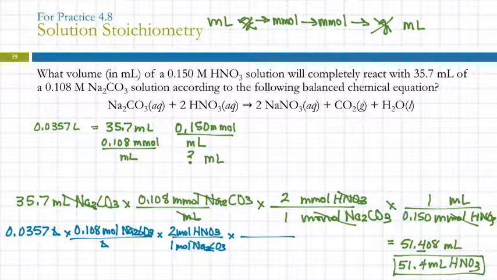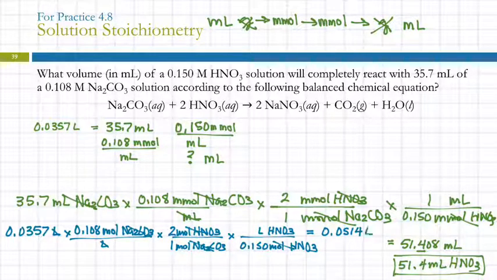And then here we've got liters of HNO3 divided by moles of HNO3. And so then if I just stop here, I end up with 0.0514 liters. And I have to convert that back to milliliters because the question specifically says we want the answer in milliliters. So you move the decimal point 3 places, 51.4 milliliters.